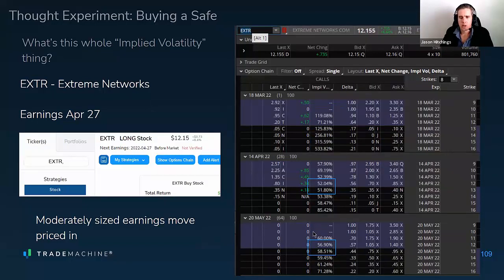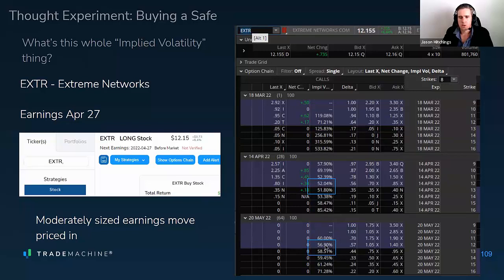And so what the options world is telling us, what the options montage is telling us, and this is all that individual traders and hedge funds and algo shops and everything else out there, they're saying that we're expecting some amount of movement after earnings.